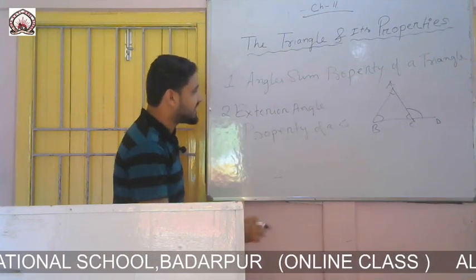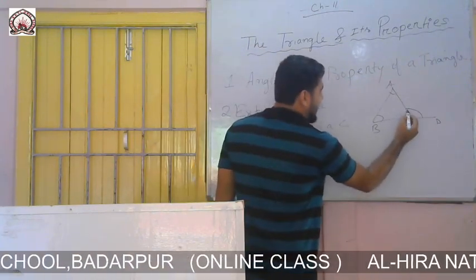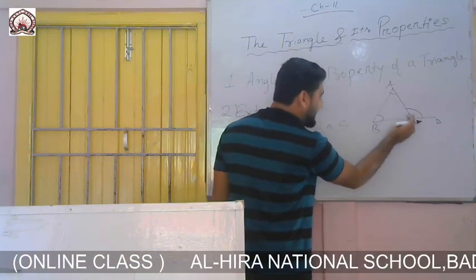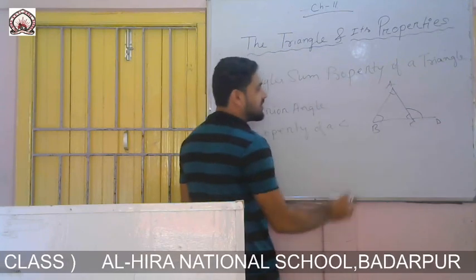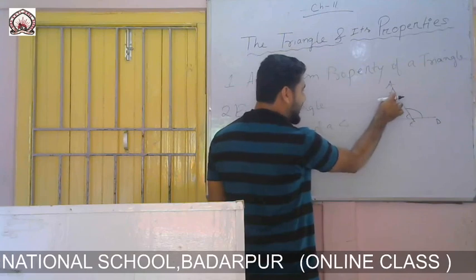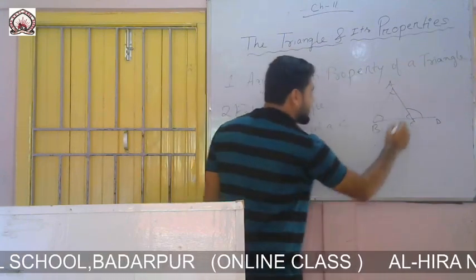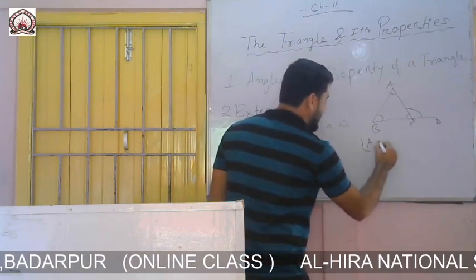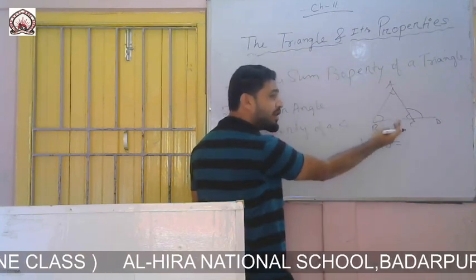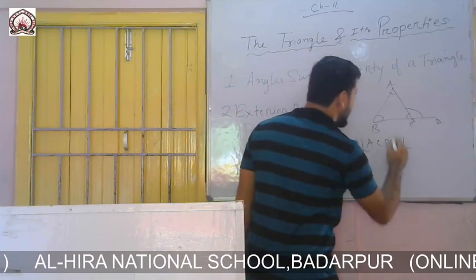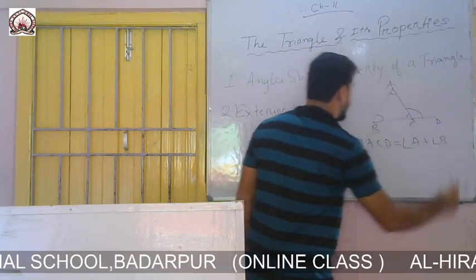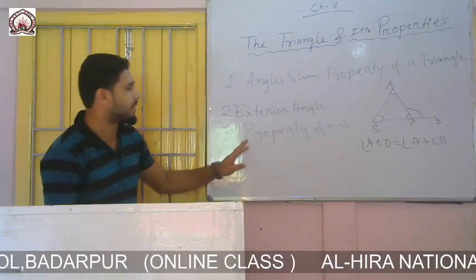Now the property said that exterior angle is equal to the sum of the two interior opposite angle. So the opposite of this angle will be this one and this one. So we can write that angle ACD equals to angle A plus angle B, because these are the two interior opposite angle. So that is what about the exterior angle property of a triangle.